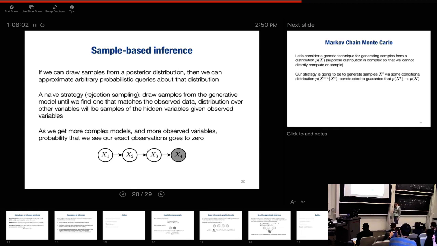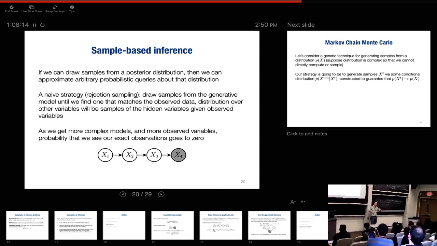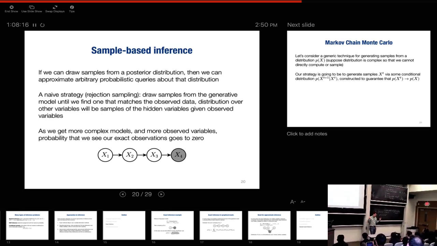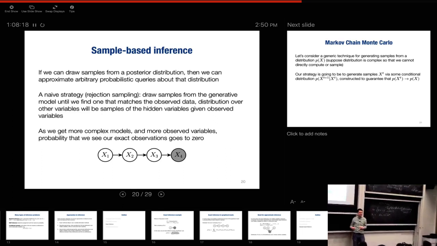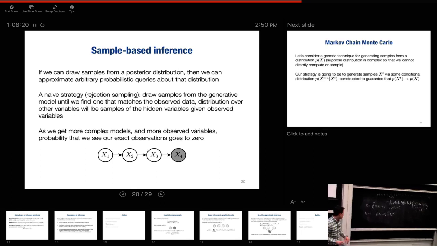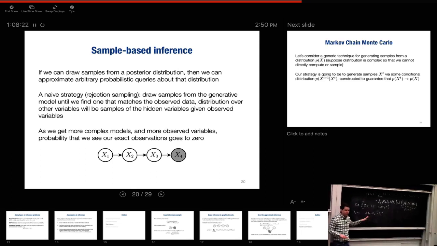It will take me 10 to the 8 tries of sampling before I get one sample where I observe this. And if I want, of course, usually more than one sample, I need to do something better than that. I have to repeat this a whole lot of times before I can get a reasonable size sample of my distribution.